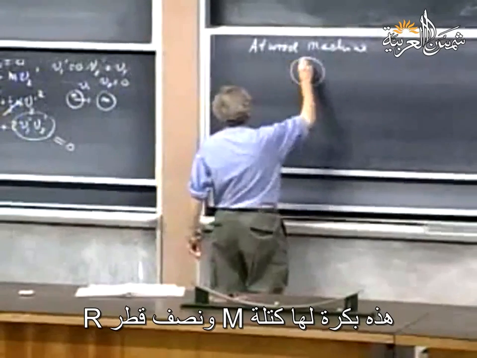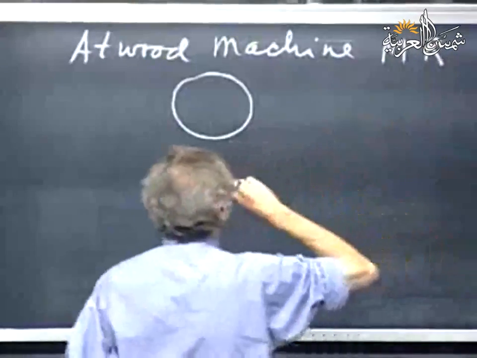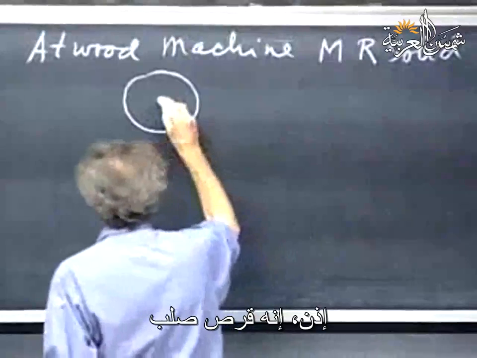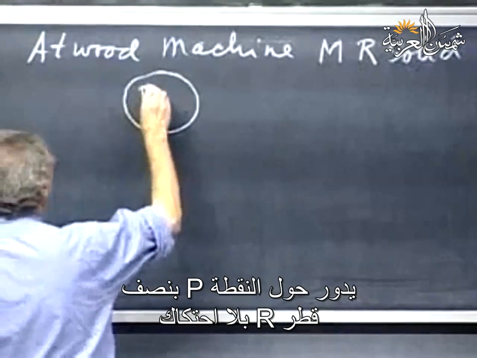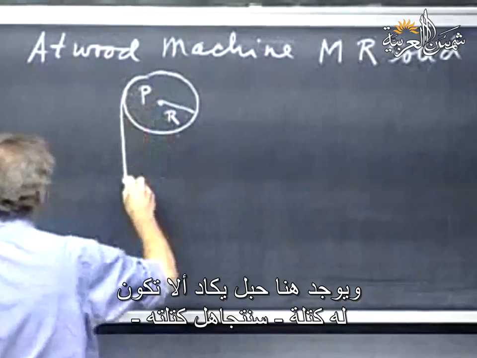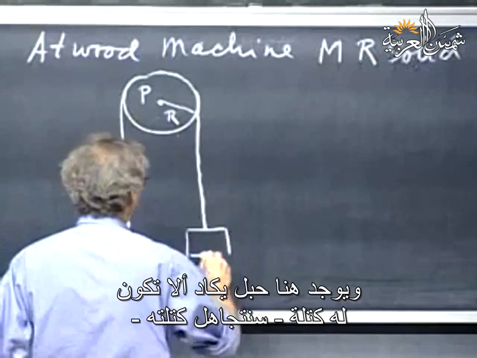Here's a pulley. The pulley has mass M, has radius R. It's solid. So it's a solid disk, rotates frictionlessly about point P, radius R, and there is a rope here, near massless. We ignore the mass.